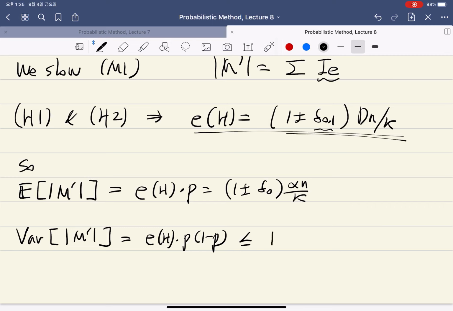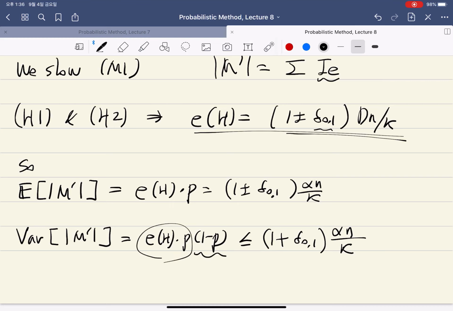So this is at most 1 plus delta 0.1 times alpha n over k, because this 1 minus p is just a number smaller than 1.